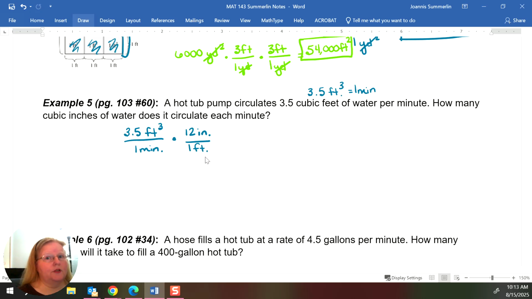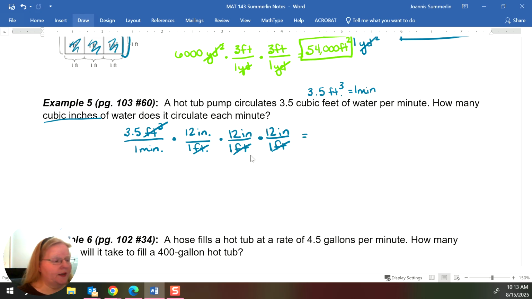Gonna have to do it again. And again. So that they can all cancel out. Those 3 on top canceled out with the 3 on the bottom. That leaves me with 3 inches on top, but that's good because we wanted cubic inches on top.